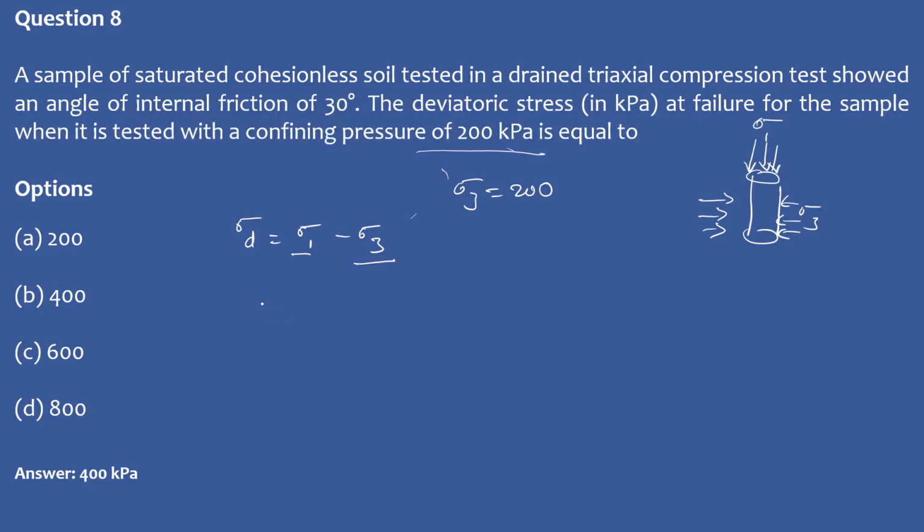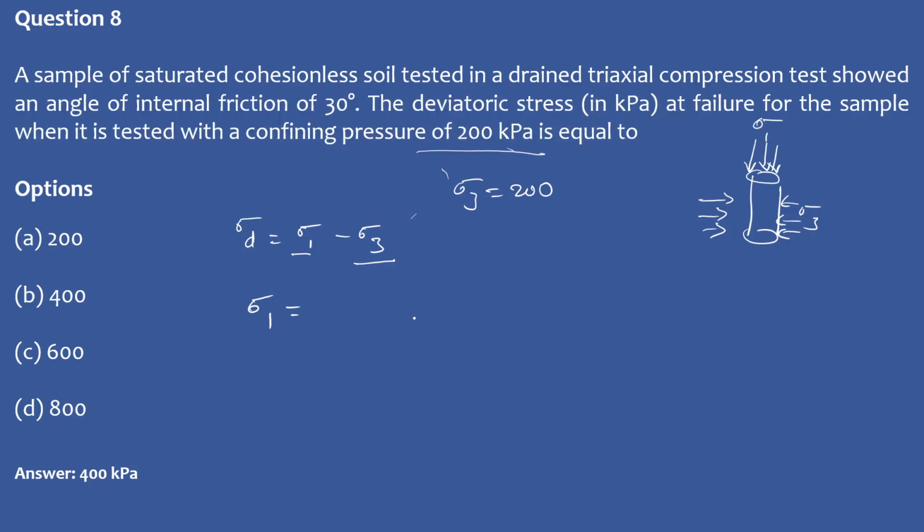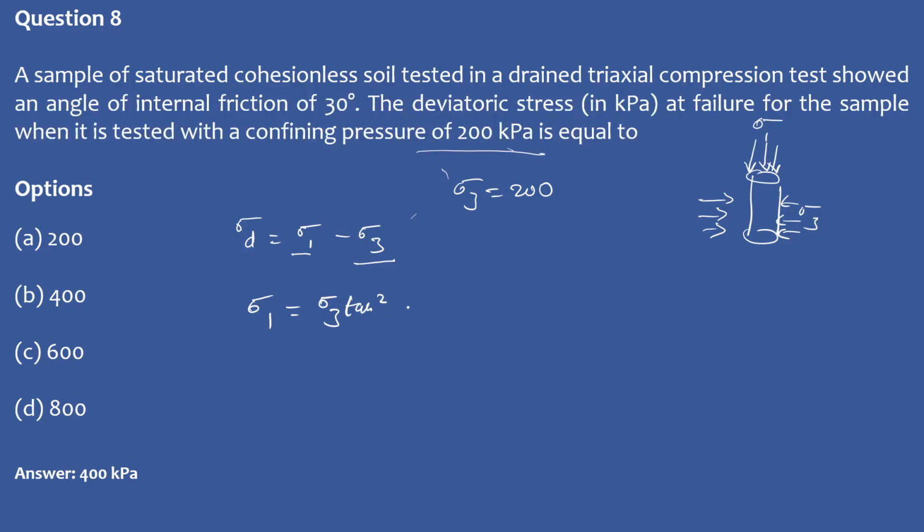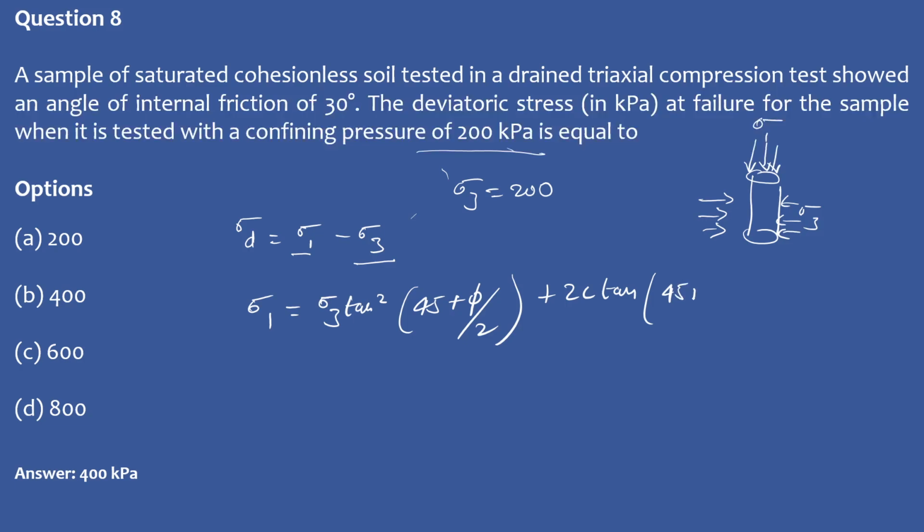Now how to evaluate sigma 1? Your sigma 1 value is given by the formula sigma 3 tan square (45 plus phi by 2), plus 2c tan (45 plus phi by 2).